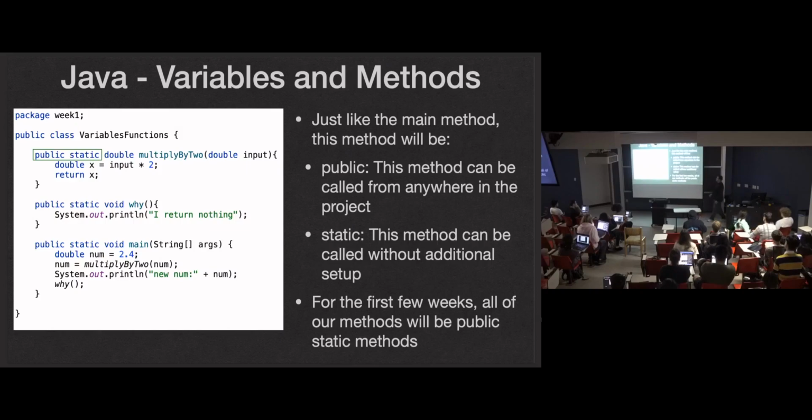Static means we can use the method without doing extra work, which would be creating a new object of the type matching the class and then calling the method through that object. We don't know what any of that means yet, so I'm just going to say static means we don't have to do extra stuff to call this thing. So I'm going to stop talking about public static after this example. They're all going to be public static for the first 3 weeks until we get to week 4 and we're talking about objects.